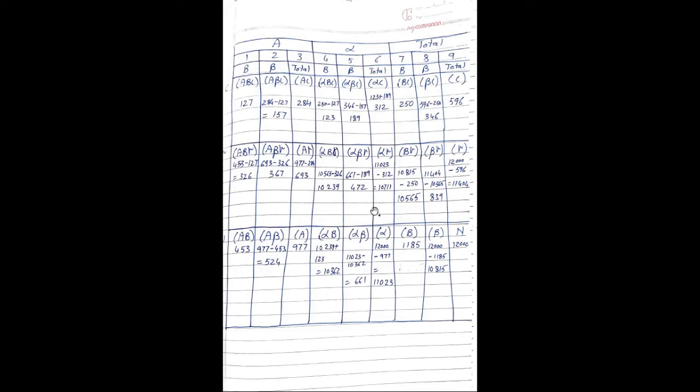So we are getting the answer as this one, which we already have done with the help of the method of dot operator. So you can refer to the last lecture to get the remaining values.